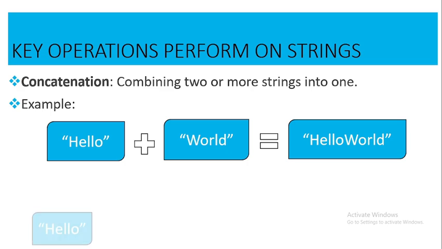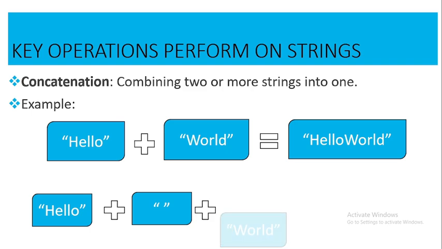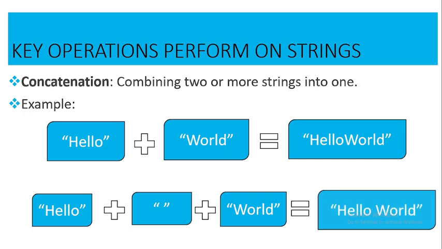So in this case, we have hello plus space. So we have double quotation mark, and inside the double quotation mark we have space, and then we have another plus, then we have world, before it actually gives us what we want, hello world.